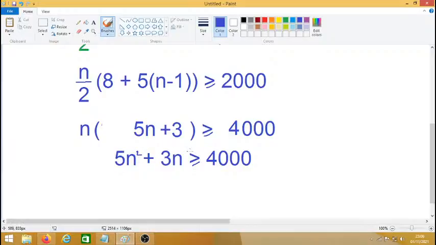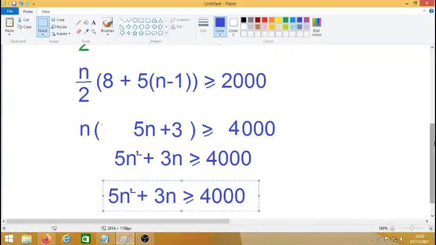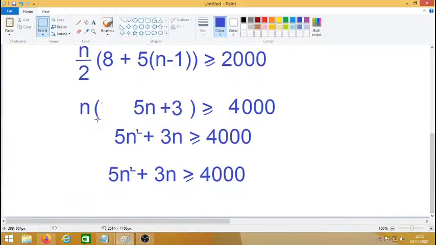So here we just want to take away 4,000 from both sides to make it equal to 0. And then put it into a quadratic and solve that. It's a bit too much for factorizing, so I would suggest you put it into your calculator. And you should have a calculator for A level where you can solve the quadratic.